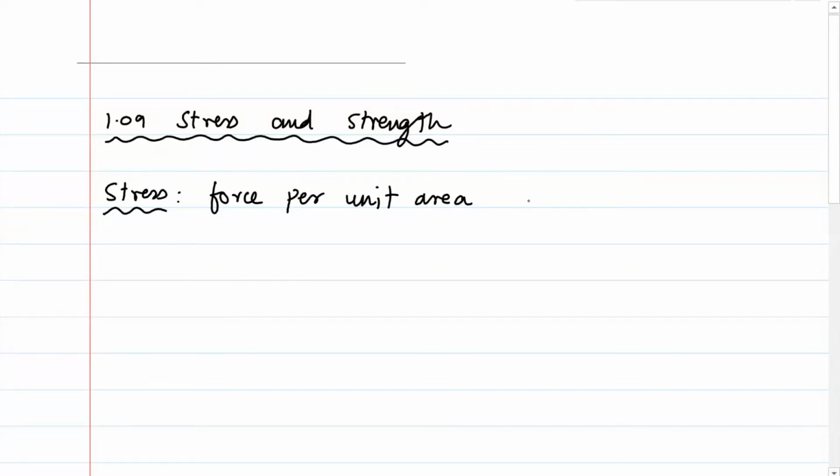Okay, and in the case of engineering materials, stress is the force per unit area at a certain point, at a specific point on the body or in the body.